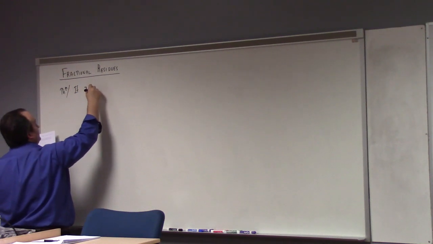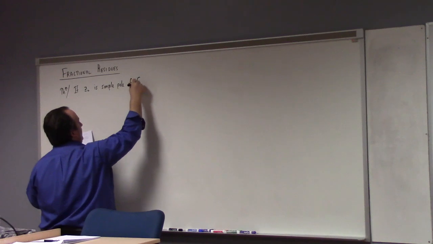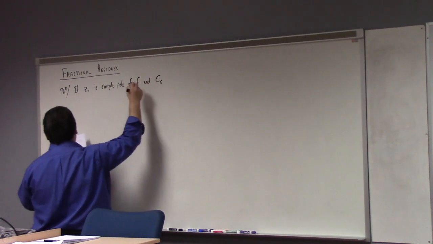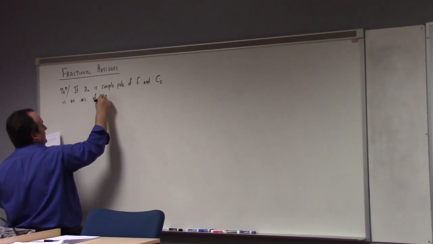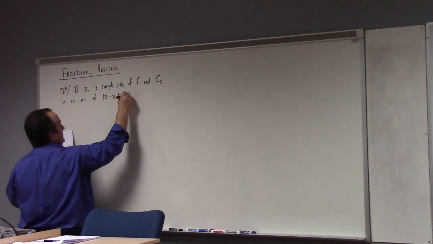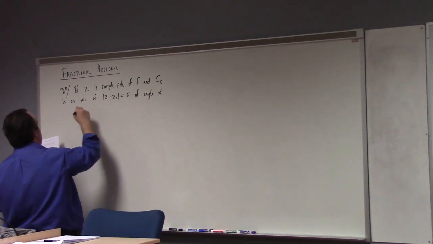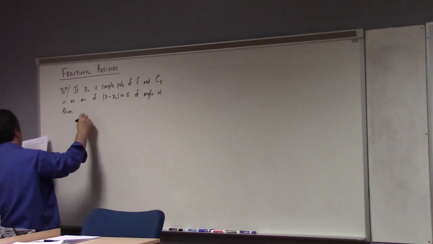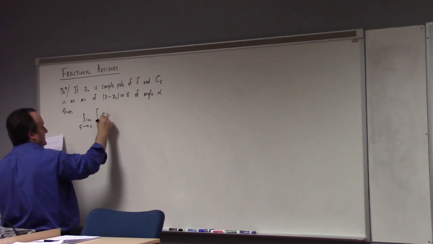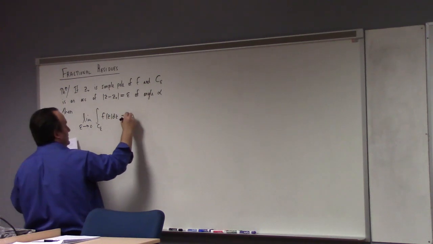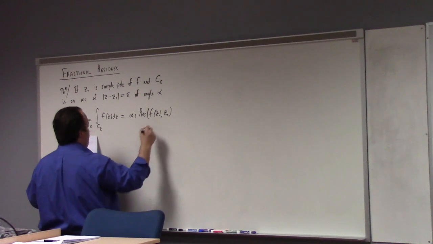If z naught is a simple pole of f and C sub epsilon is an arc of |z - z naught| = epsilon of angle alpha, then the limit as epsilon goes to 0 of the integral along C epsilon of f(z) dz is equal to alpha i times the residue of f(z) at z naught.